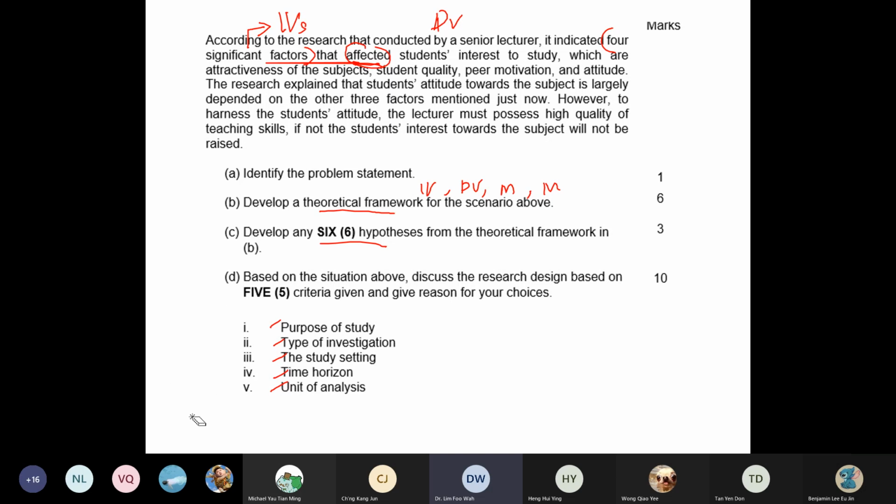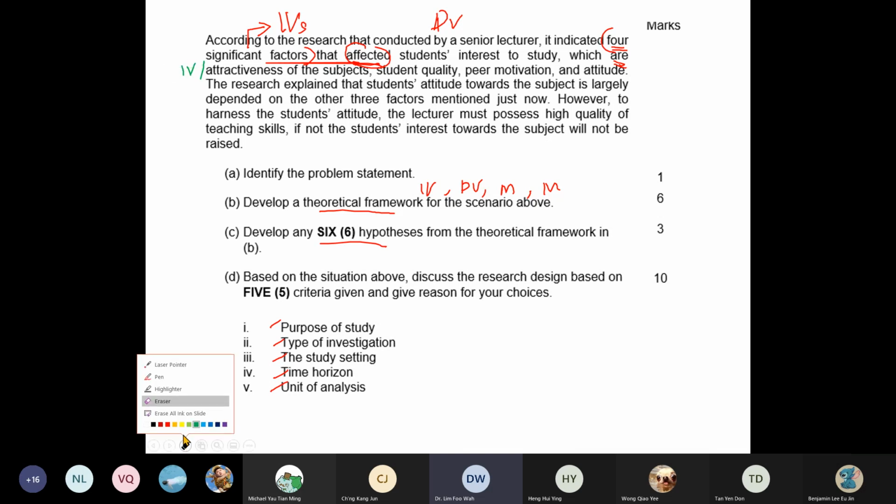Okay, DV. Student interest to study, we assume that will be our DV. What are those 4 factors here? First, IV1, attractiveness of the subject.